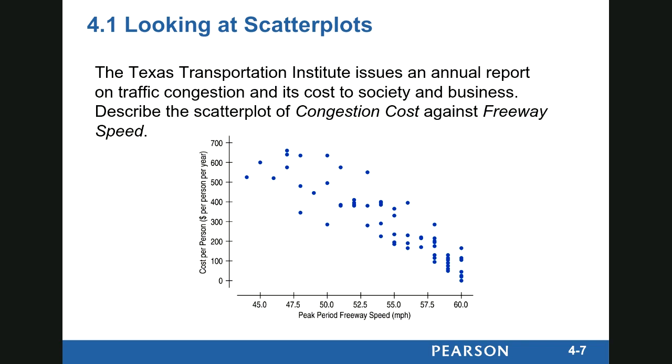Why negative? So negative is right. It's not positive, but can you explain, Mihakpreet, why it's negative? And give it to me in terms of cost per person and peak period freeway speed. Okay, can someone else explain to me in terms of the variables that they've given?